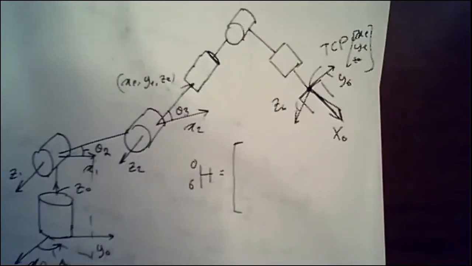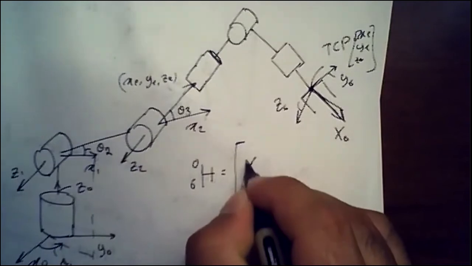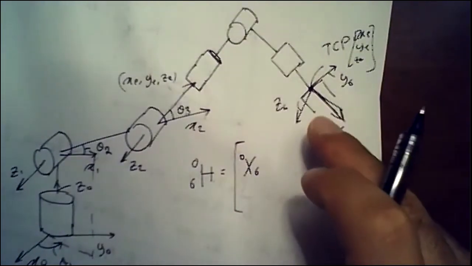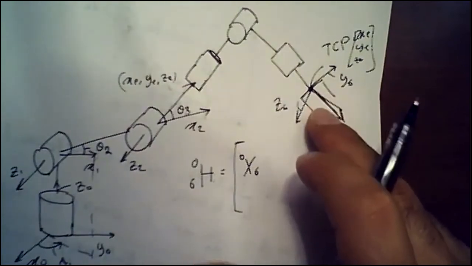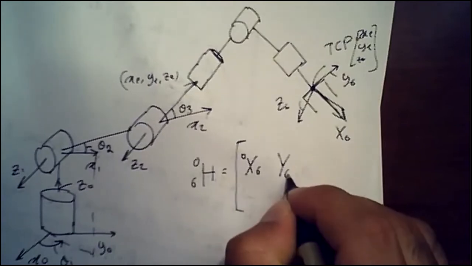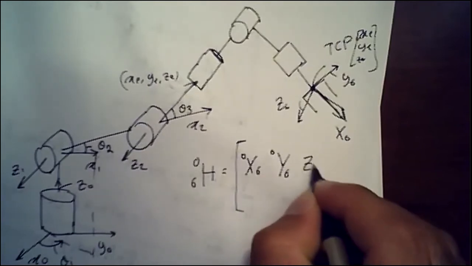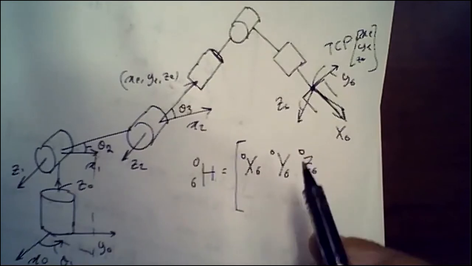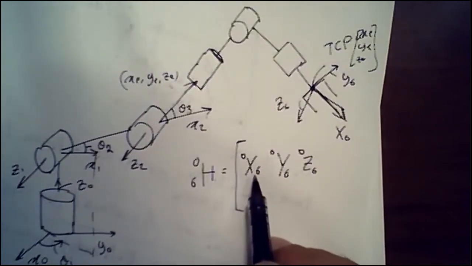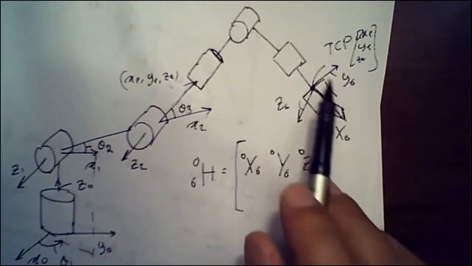When I'm doing inverse kinematics, I'm specifying my X6 in frame 0. Literally I'm telling what I would like the orientation of the end effector to be with respect to the base frame, and then Y60, and then Z60. Remember, you only provide two vectors. Usually you present, for example, X6 and Y6.